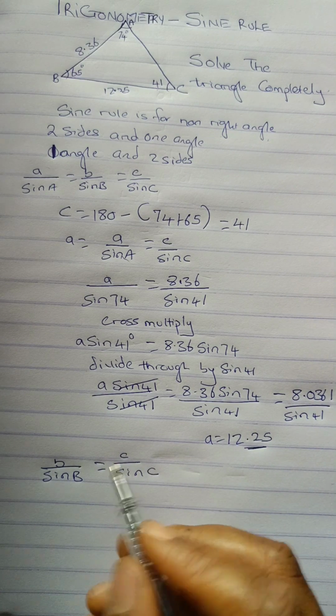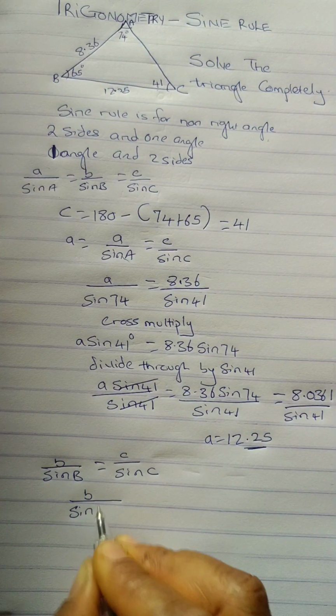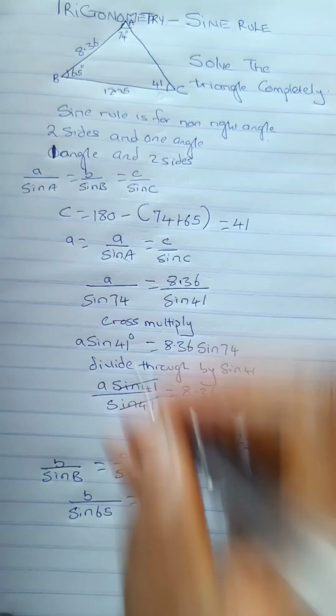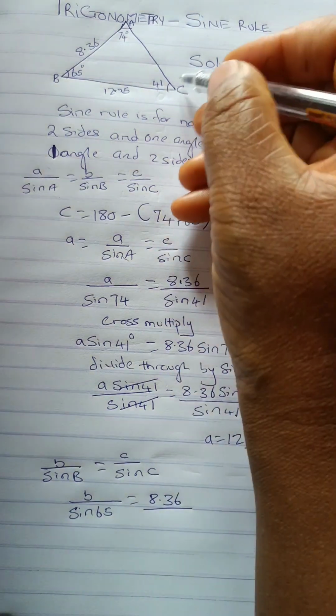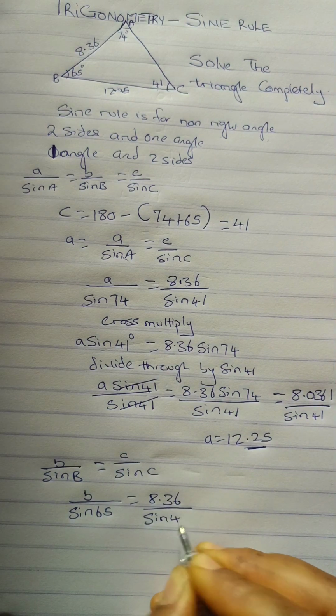So what is our small b? We don't have small b, so it will be b over sine 65, since the big B is 65, equal to small c, which is 8.36, over the big C, which is 41, sine 41.